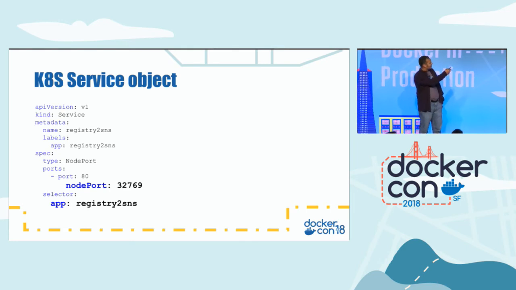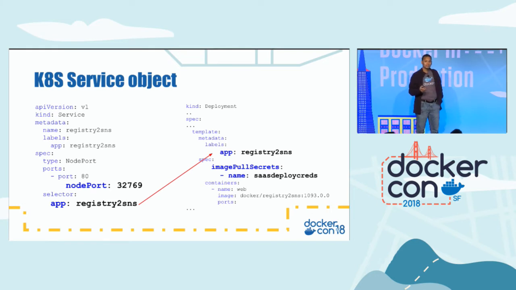The selector, as you can see, is registry-to-SNS, which is the label for the pods described in the deployment object. So any request sent to any of the Kubernetes worker nodes on this port will automatically get routed to the pods which have that particular label, which in our case is the service servicing that.